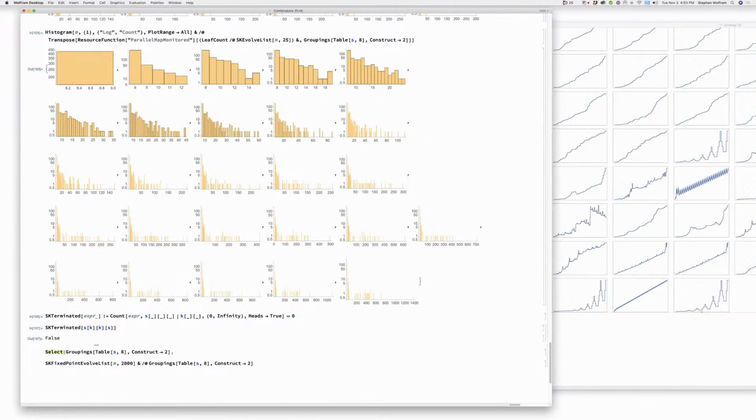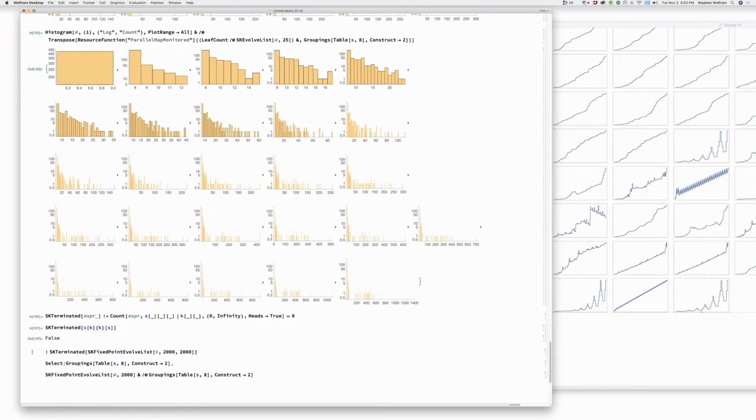Okay, now I should be able to say SK fixed point evolve list, and let me say something like hash 2000, 2000. And then let me say SK terminated.